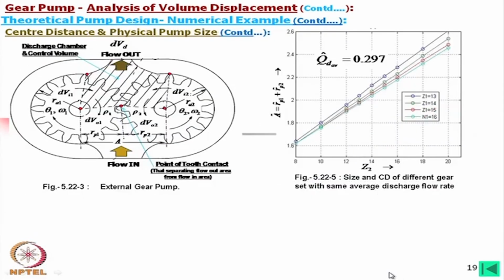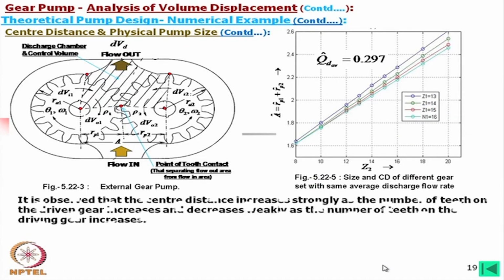So, from this chart we can conclude that the center distance increases strongly as the number of teeth on the driven gear increases and decreases weakly as the number of teeth on the driving gear increases. This means that you can judge this from this graph. If we increase the number of teeth of the driven gear, then this increases rapidly.